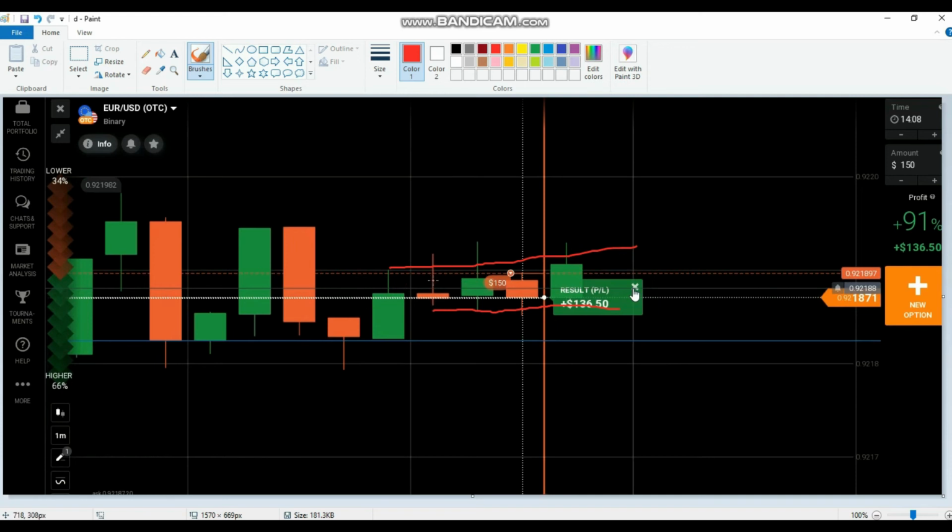Here also we can see it's following the red green pattern, right? After this we know it closed at the resistance, and from this point the market is following the green red pattern. It also closed at the resistance with some rejection. That's why I placed a put option in this candle. And also there is a round number.